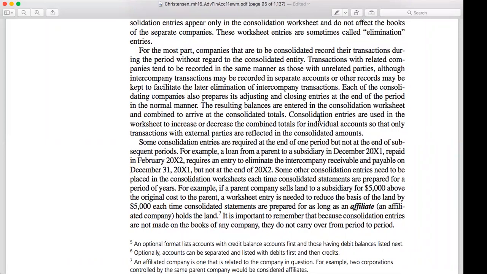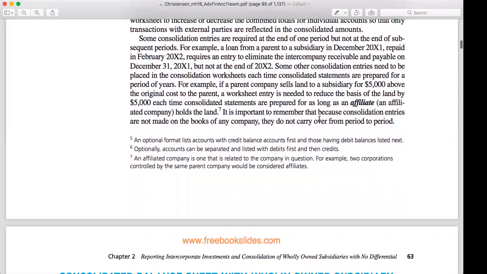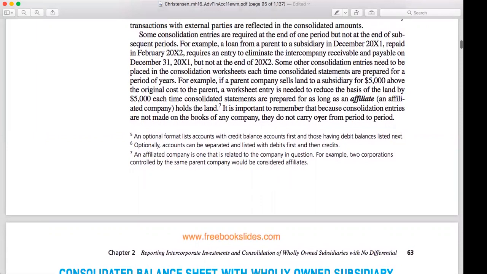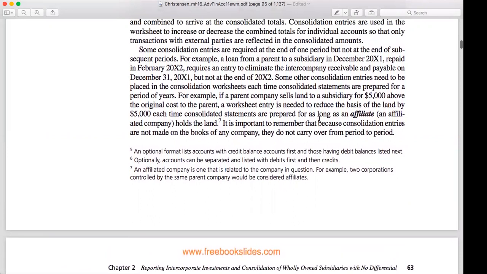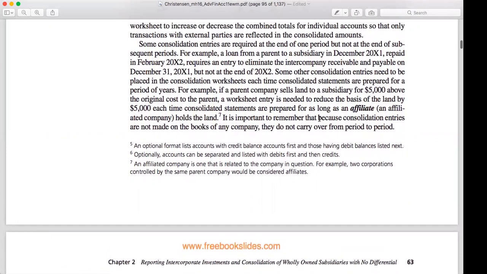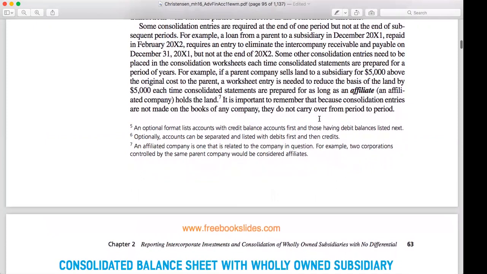So there are consolidation entries we use to increase and decrease the combined totals of individual accounts. Okay, so this is just an example. Parent company sells land to subsidiary for 100,000 above the original cost to the parent.